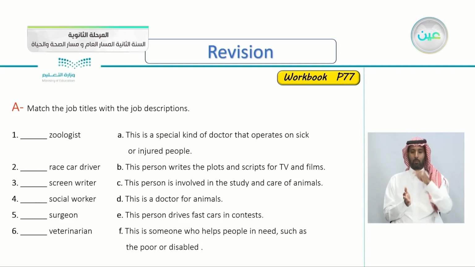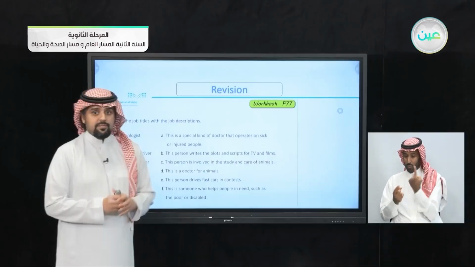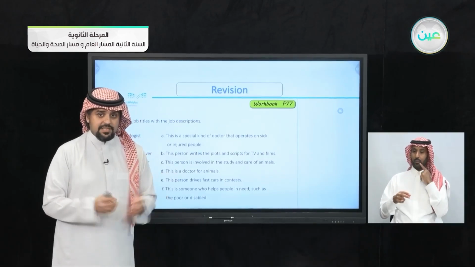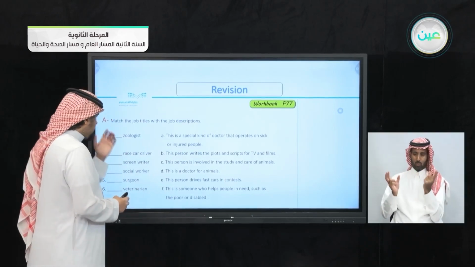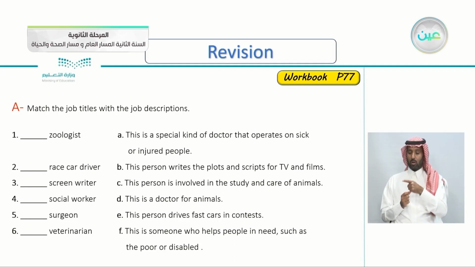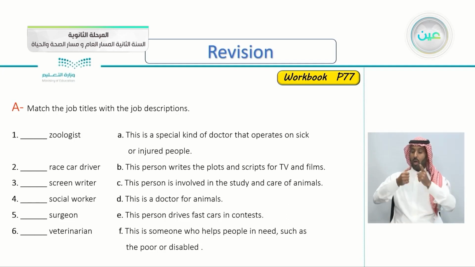So number 1, zoologist, from the word zoo. Have you ever been to the zoo? Of course, you know the zoo has many animals there. So now we know that the zoologist is a profession that is connected to animals. So can you guess which one here?